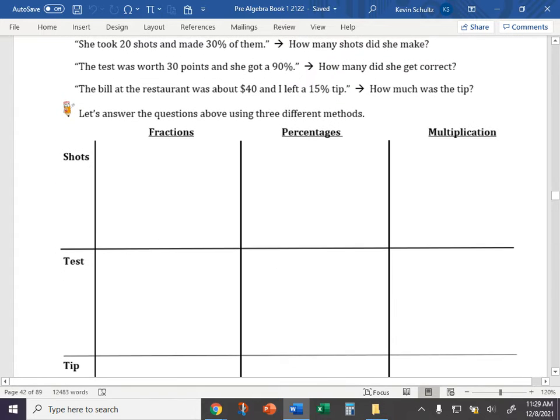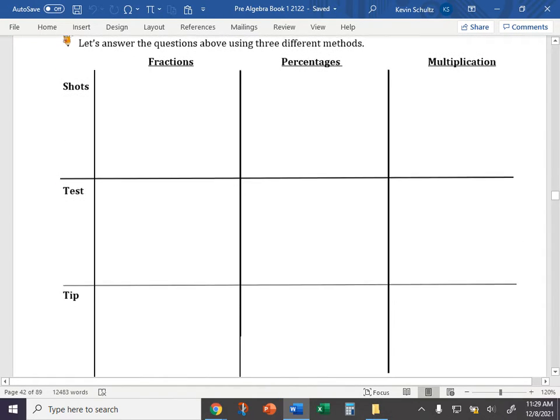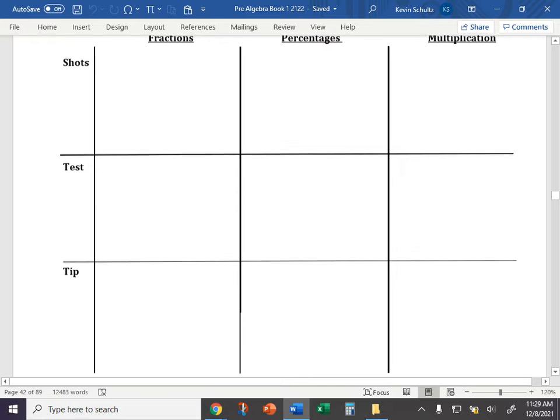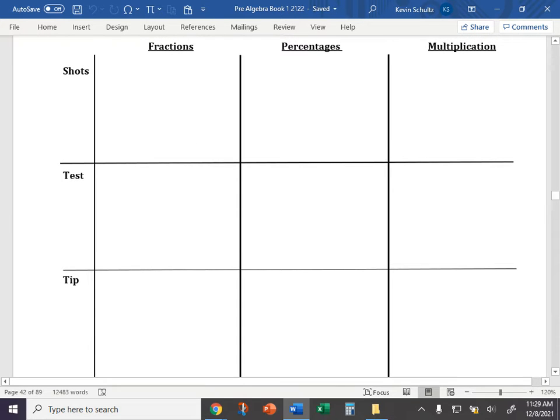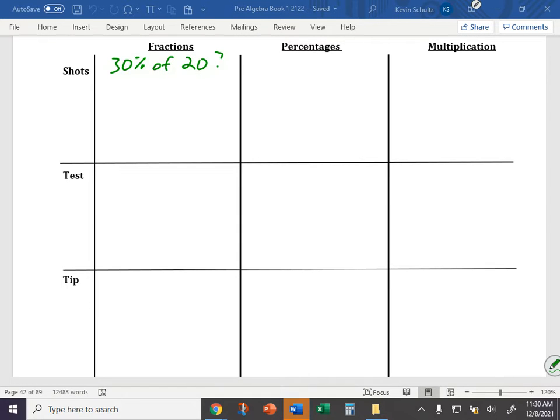Okay, so let's take a look at this. With the fractions, took 20 shots. I'm going to try and get them all on here. You have to remind me what the numbers are. 20 shots and made 30% of them. Essentially, we're trying to figure out what is 30% of 20. That's the question being asked here. And using fractions as our method, we've talked about how to write 30% as a fraction before, haven't we?